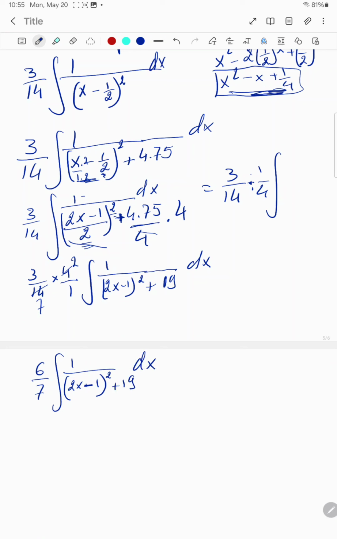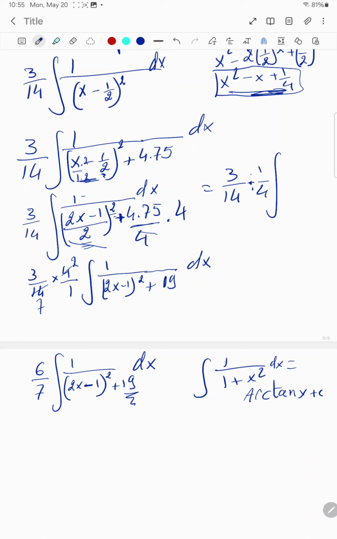But I know there is a formula that says the integral of 1 divided by 1 plus x squared, or x squared plus 1 dx, is equal arc tan of x plus c. So if I can make this equal to 1, I solve my equation. How to make it equal to 1?